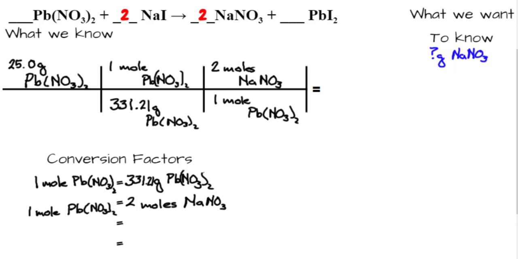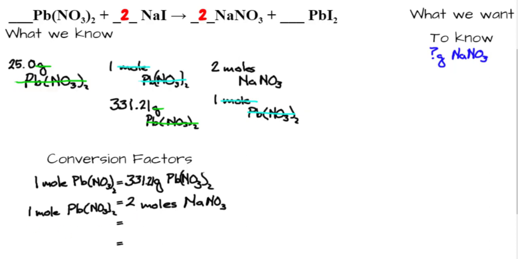Now, let's tidy up a little bit. I can cancel grams of lead nitrate. And now I can cancel moles of lead nitrate with moles of lead nitrate, leaving me with moles of sodium nitrate.